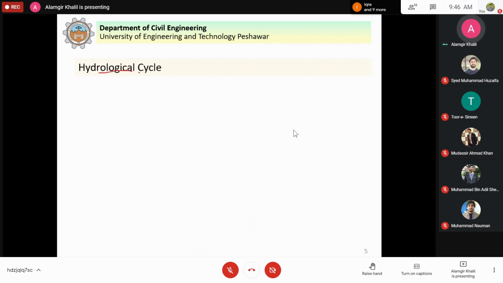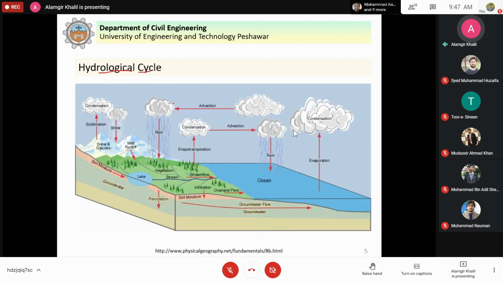Hydrological cycle, which you studied in detail in your hydrology course, basically shows the movement of the water in a cycle. You can see here that we have oceans, and from the ocean we have evaporation.